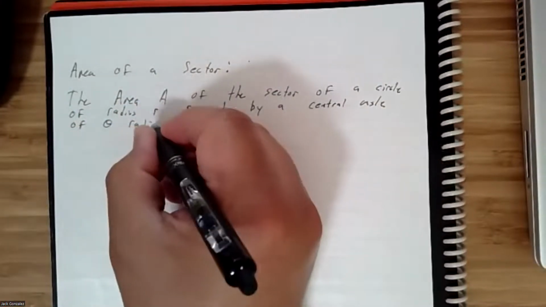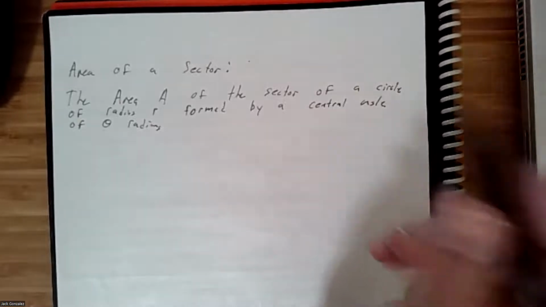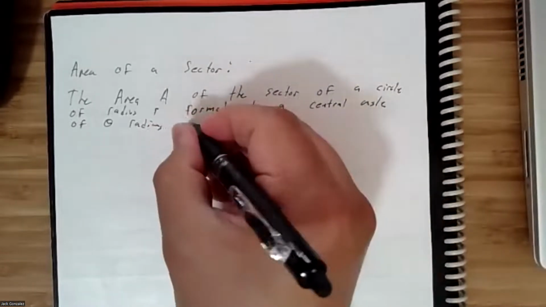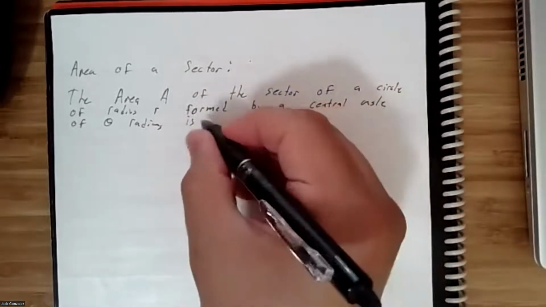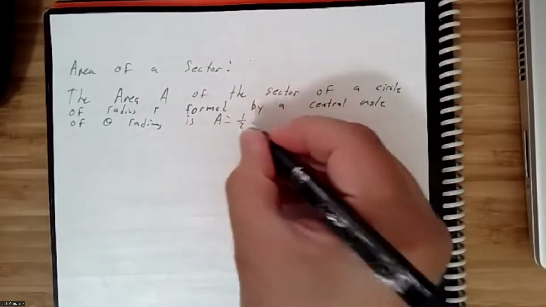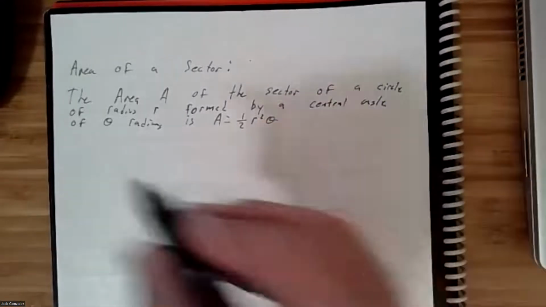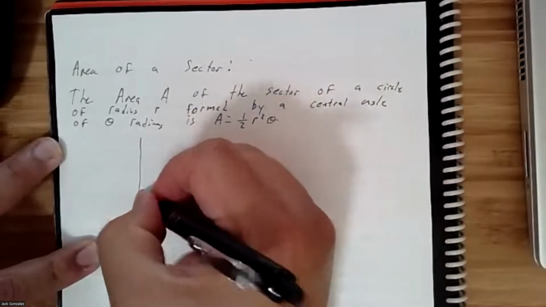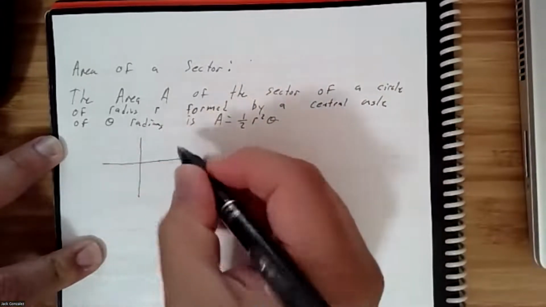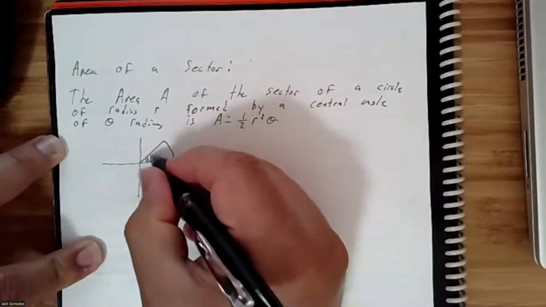So again, make sure it is in radians, because the homework is not always going to be in radians. Neither is the exam. It'll be whatever. You need to change it to radians if it's not already. So this will be equal to 1/2 r squared theta. So this gives you the area of this slice.